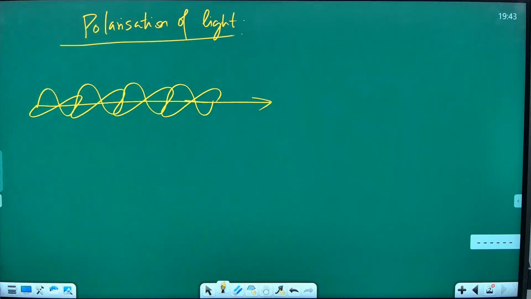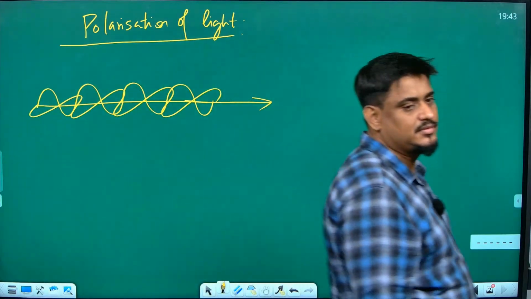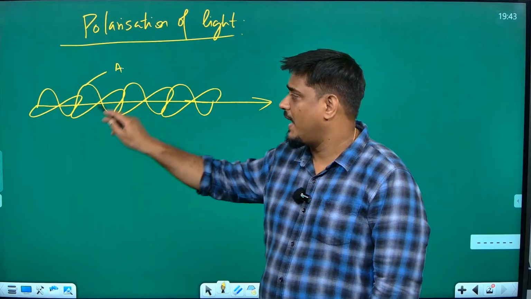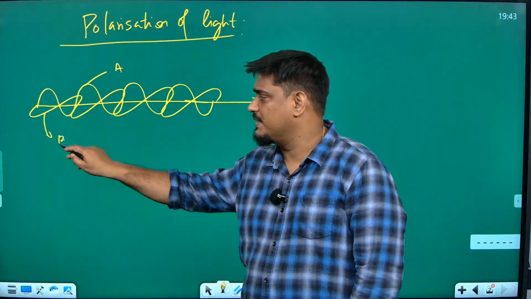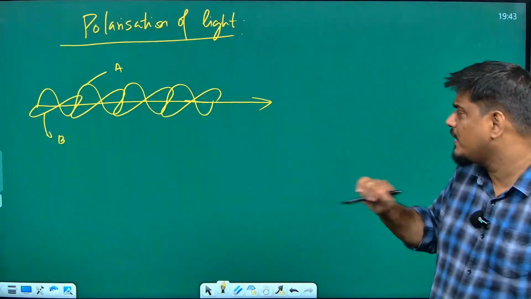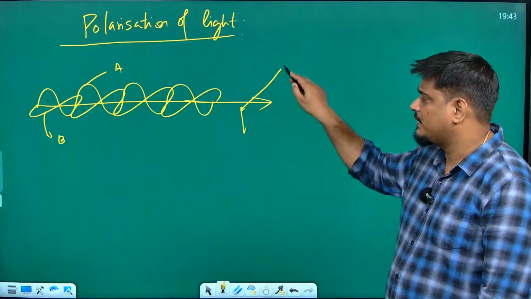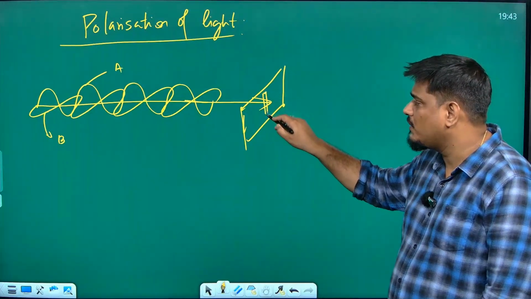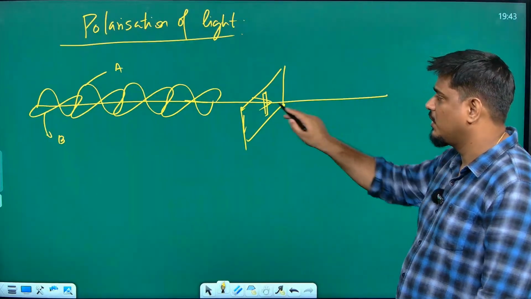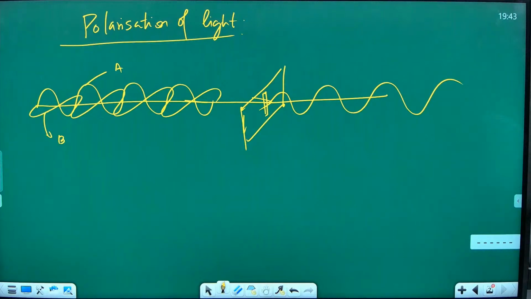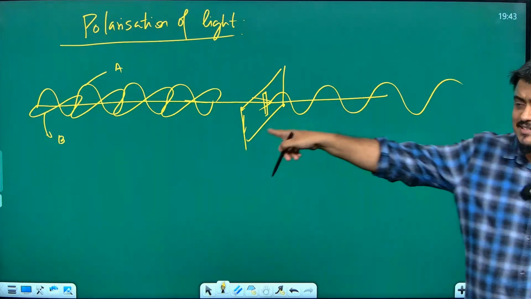Now, if I want to remove one wave, for example, let this wave be called wave A and let this be called wave B. If I wish to remove wave B, what can I do? I can put in front of it a device where this alone will come out. Only A wave will come out, because B will get obstructed by this, isn't it?